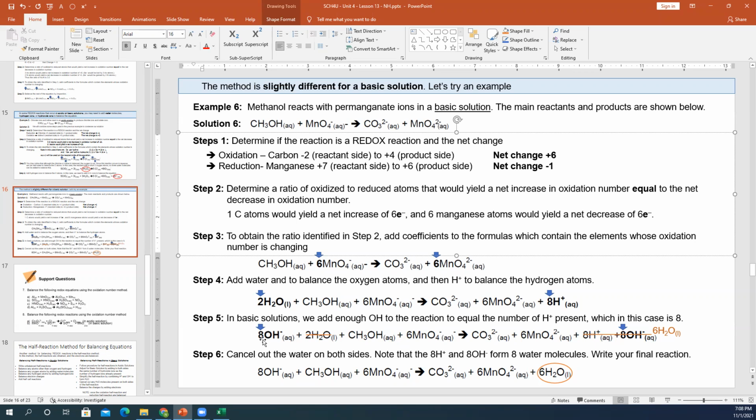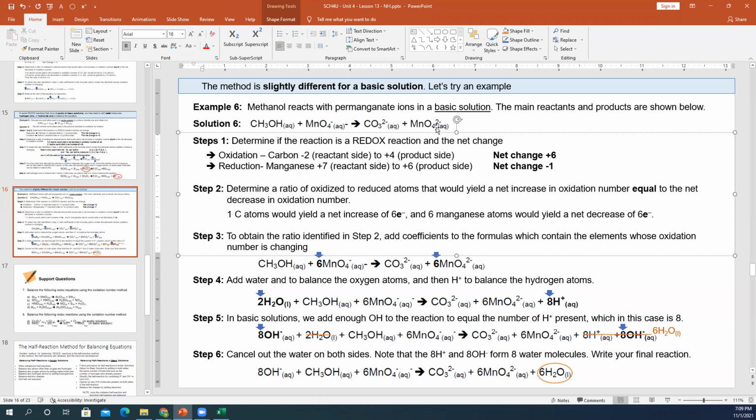And of course, the 8 hydroxide ions that we added on this side. So canceling out the water on both sides, the 2 from that side and the 8 minus 2, you're left with 6. This is the final balanced equation for that redox reaction taking place in a basic solution.